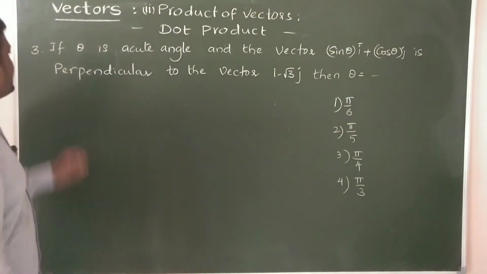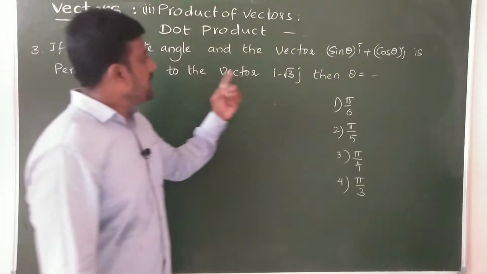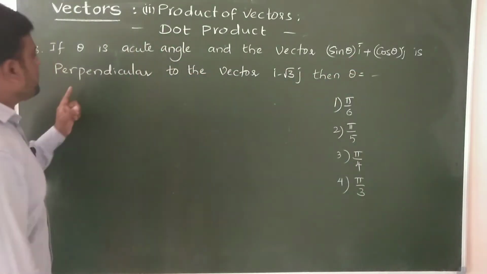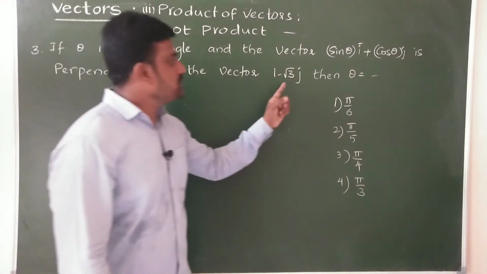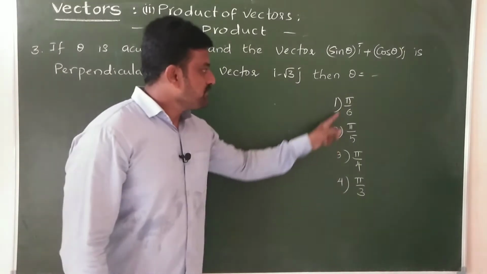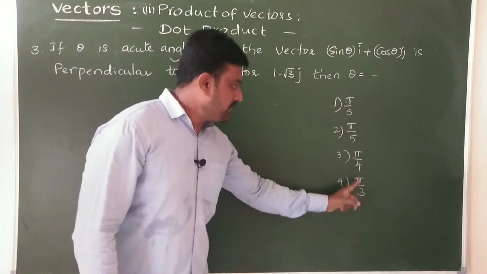Now the question is: if theta is an acute angle and the vector sin theta i plus cos theta j is perpendicular to the vector i minus root 3 j, then theta equals what? Pi by 6, pi by 5, pi by 4, or pi by 3.